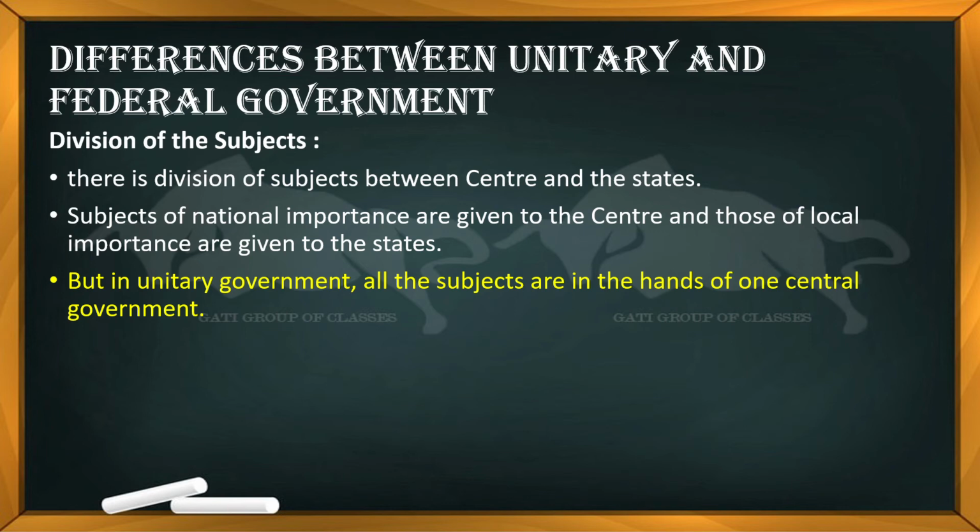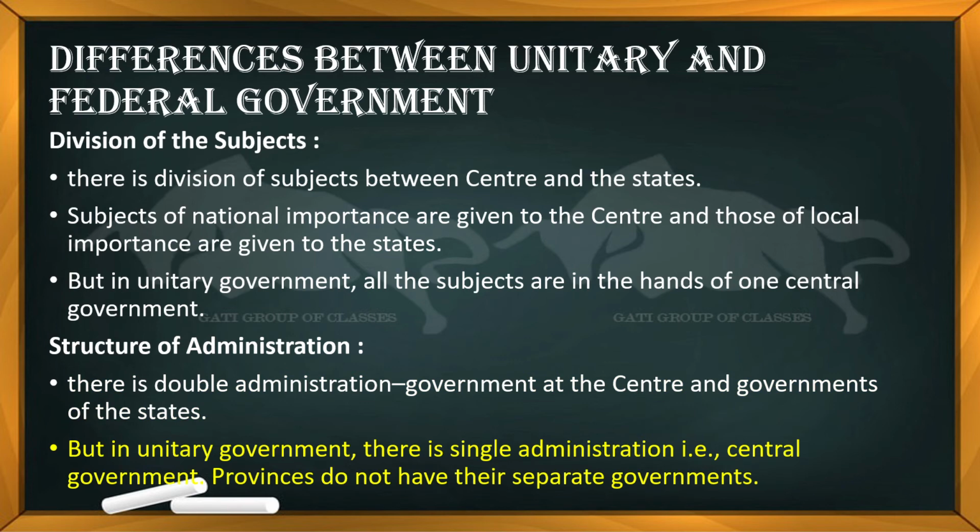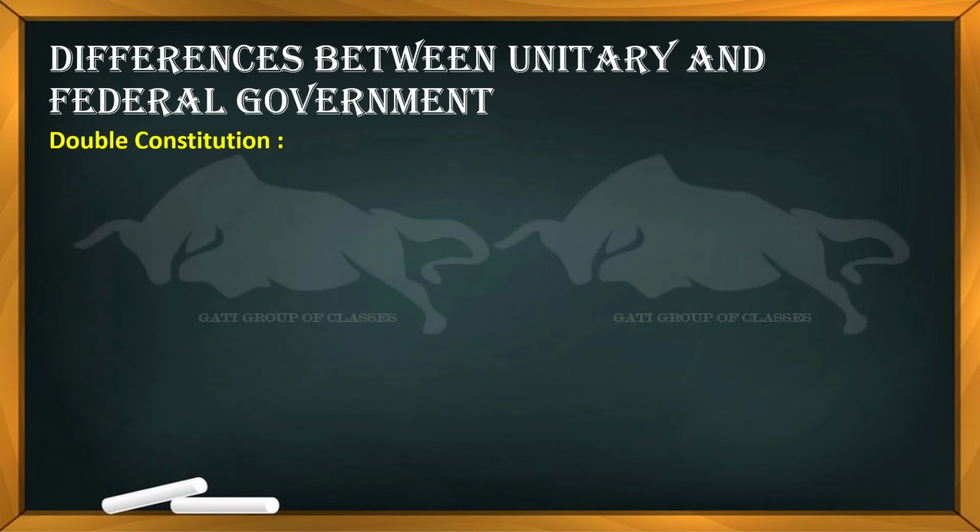Unitary government is a government which has only one level of government, that is the central level. Structure of administration: in a federation there is a double administration, the government at the center and the government of the state. But in a unitary government, there is a single administration, that is the central government. Provinces do not have their own separate government.